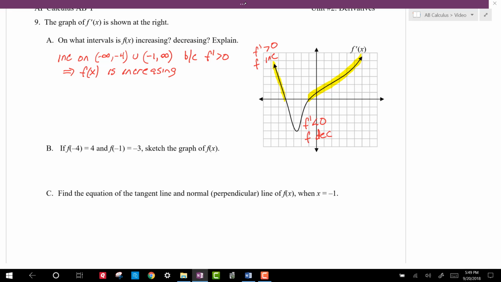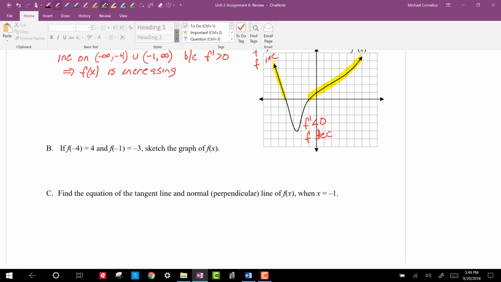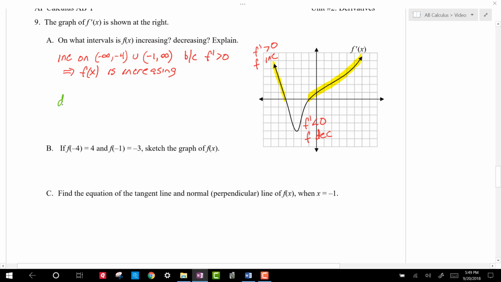So I am decreasing on the interval from negative 4 to negative 1 because f prime is less than 0, which implies that f of x is decreasing. And then it asks me to do some other stuff.